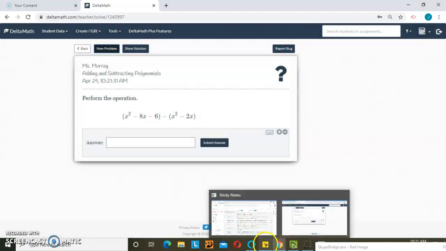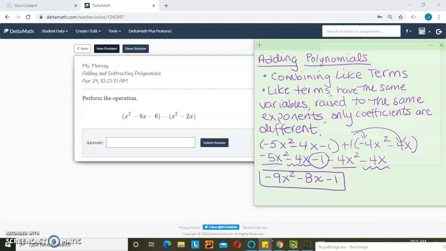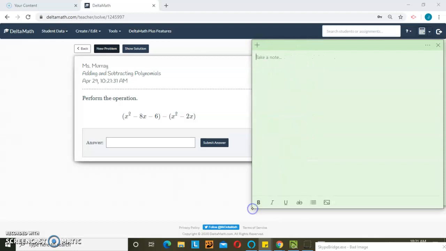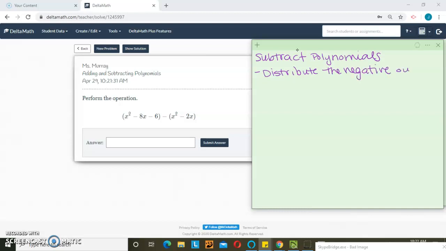So this one, you're subtracting. When we're subtracting polynomials, our steps are just slightly different because that negative in between is actually going to change the signs of the terms inside that second parenthesis. So to subtract polynomials, the first thing you are going to do is distribute the negative out front of the second parenthesis.